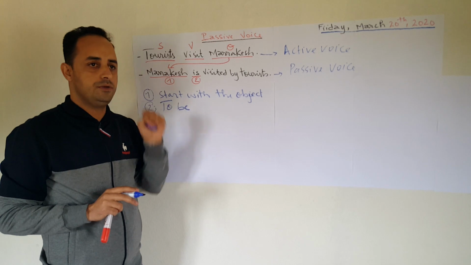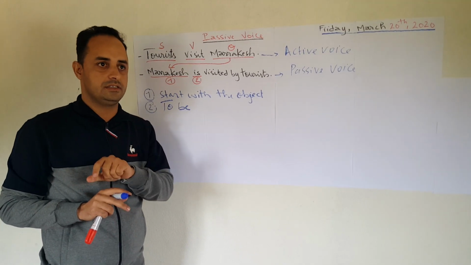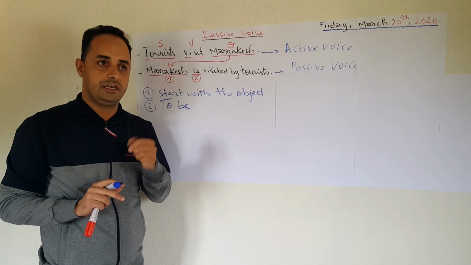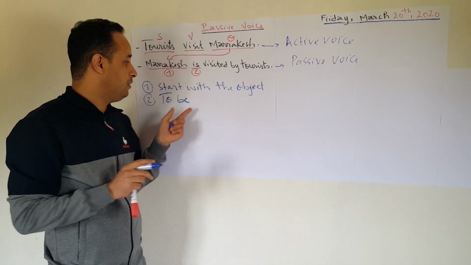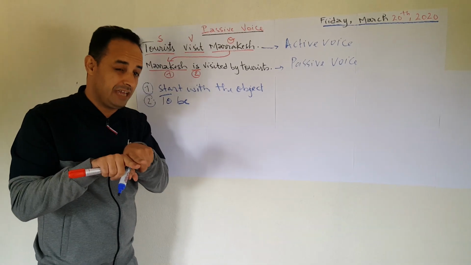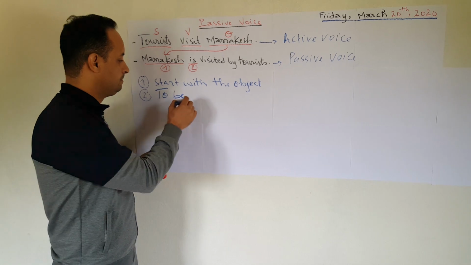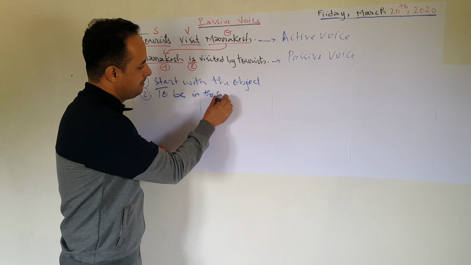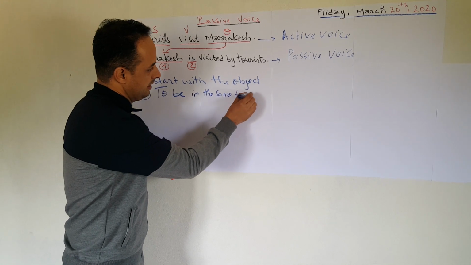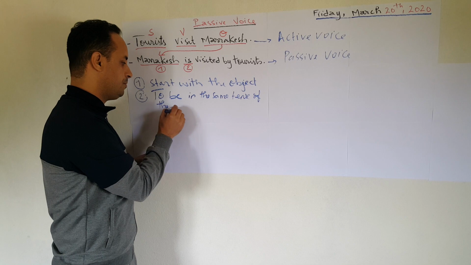In case the verb is in the present perfect, have visited or has visited, we're going to use the verb to be in the present perfect, which is have been or has been. So the verb to be should be in the same tense as the main verb, and in this case you have to master tenses very well.